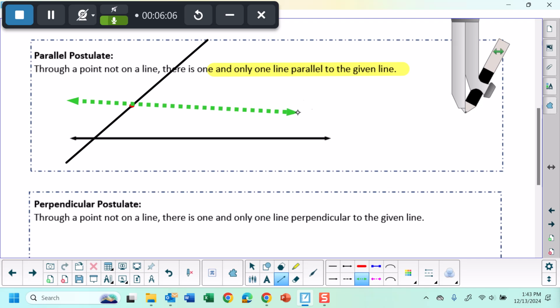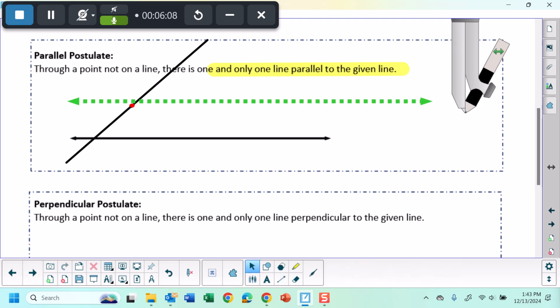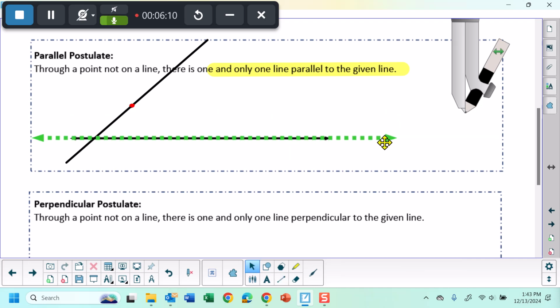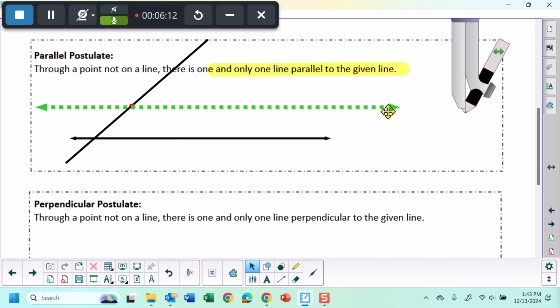What we're doing is we're going to create a parallel line to this line, and we want it to go through this point. So what we have in the green dotted line doesn't exist except in our imagination. Can you imagine that green line? Aren't you so good? Just imagine it, right? So that green line along with this transversal creates a bunch of angles.